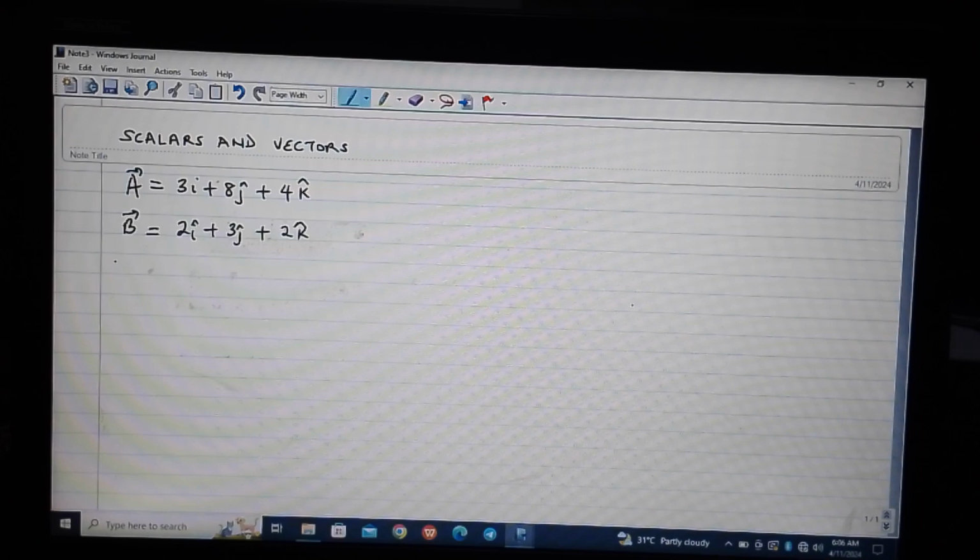We want to subtract B from A, so we say A minus B will be equal to AX minus BX i plus AY minus BY j plus AZ minus BZ k.